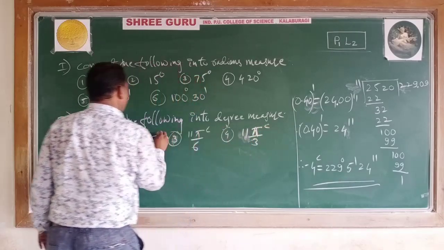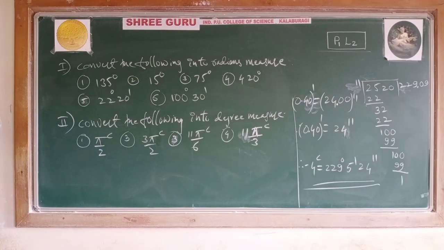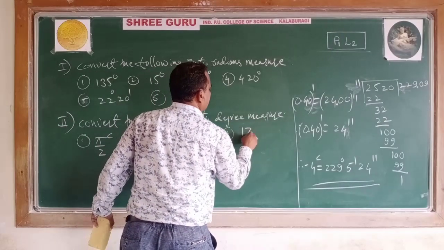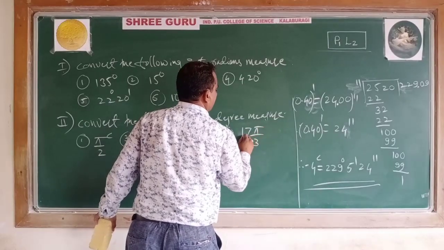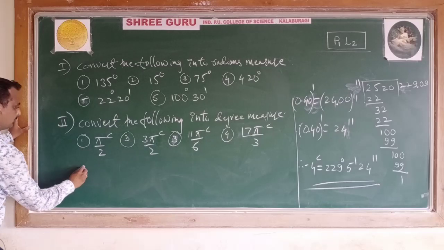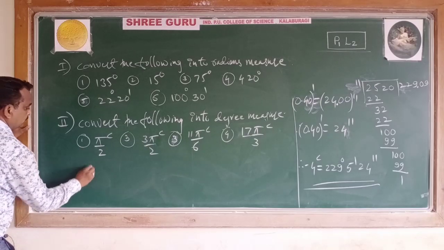These are in terms of radians. Convert these. Let us convert these 4 simple types and let us see some fractions also.